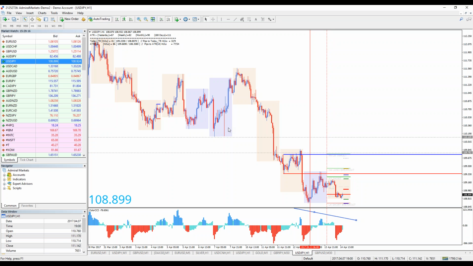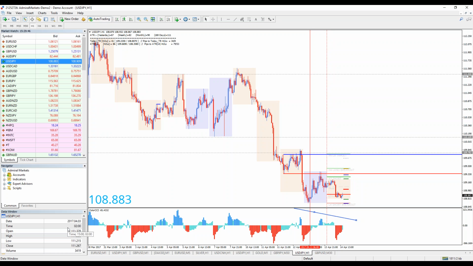Here we can see an example of a fake and a good breakout. So here, this is a fake breakout, and here, this is a good breakout. But how can you distinguish between good and fake breakouts? You can't. But there is a nice tip that I will show you so you know when breakouts are good or not.